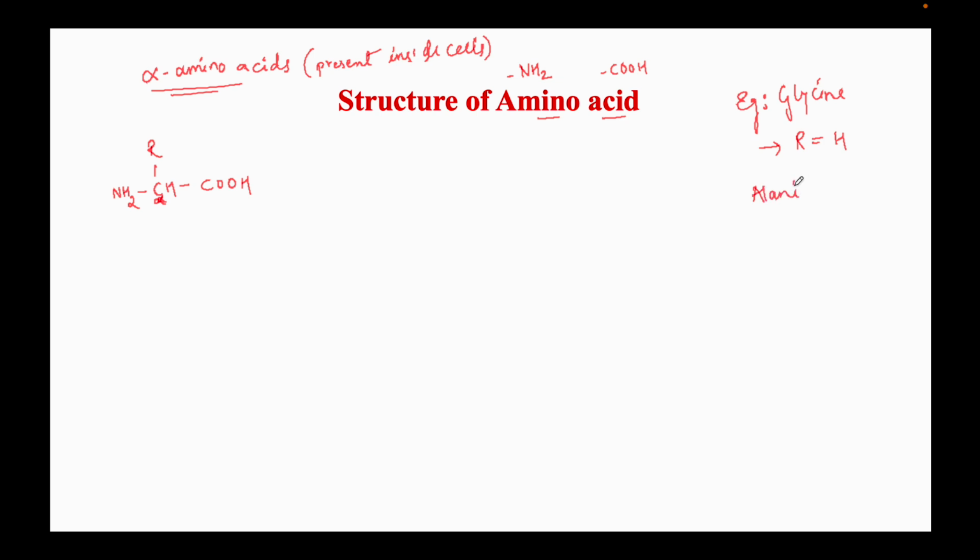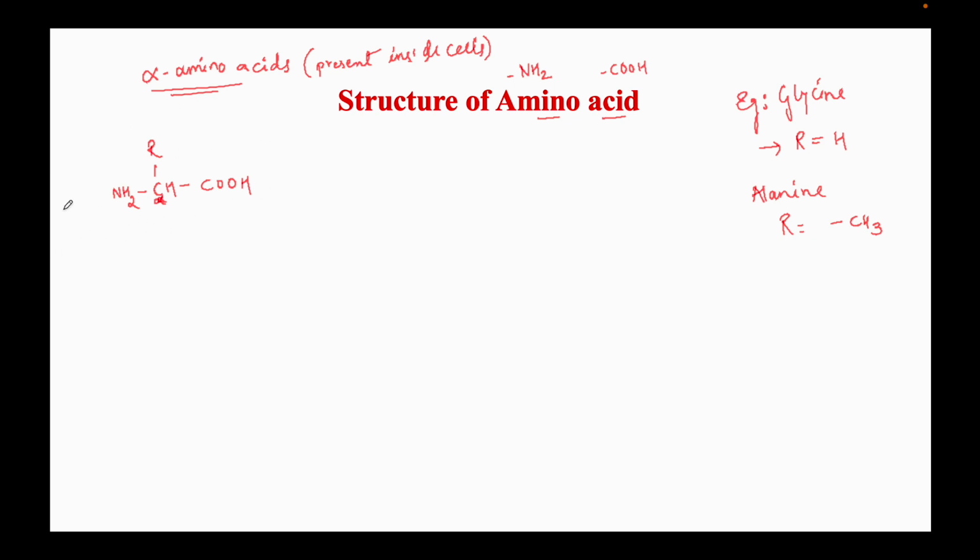Alanine has the R group as a methyl group, CH3 group. Okay, so in the question we have 4 amino acids. They have asked about the acid base groups of these 4 amino acids.